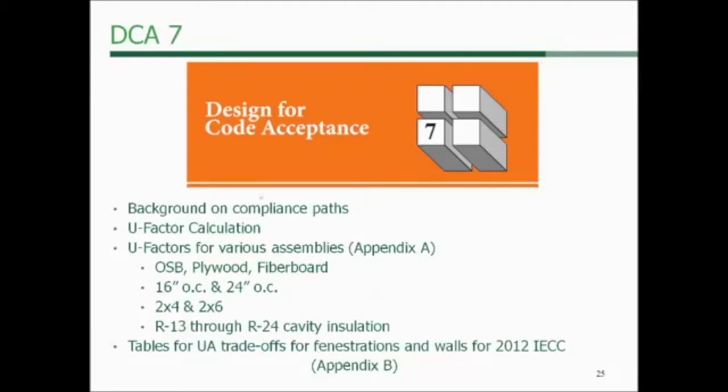It has U factors for various assemblies in Appendix A, which are those tables that I was showing you. And it's got them for OSB, plywood, fiberboard, studs at 16 inches on center, 24 inches on center, 2x4 studs, 2x6 studs, and cavity insulations R13 through R24. And then in Appendix B, it's got that UA trade-off for fenestrations and walls for the 2012 IECC.